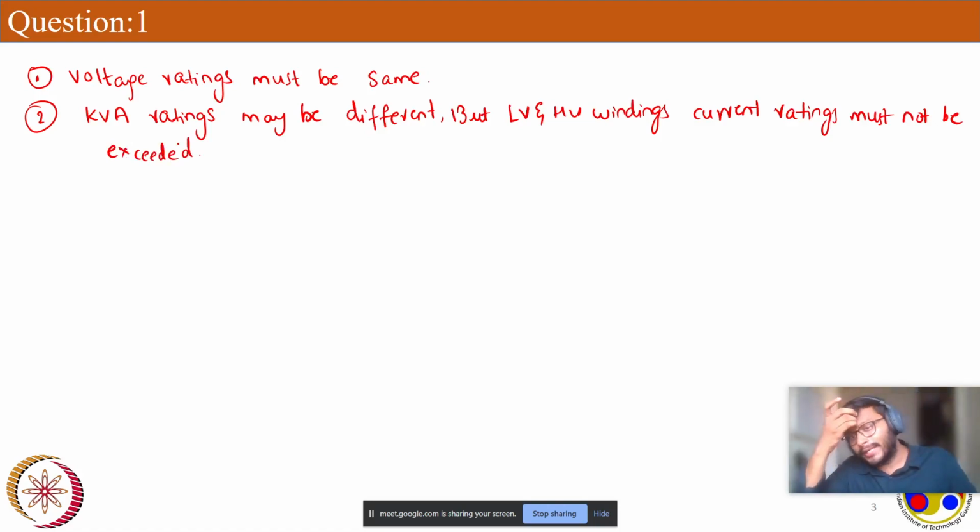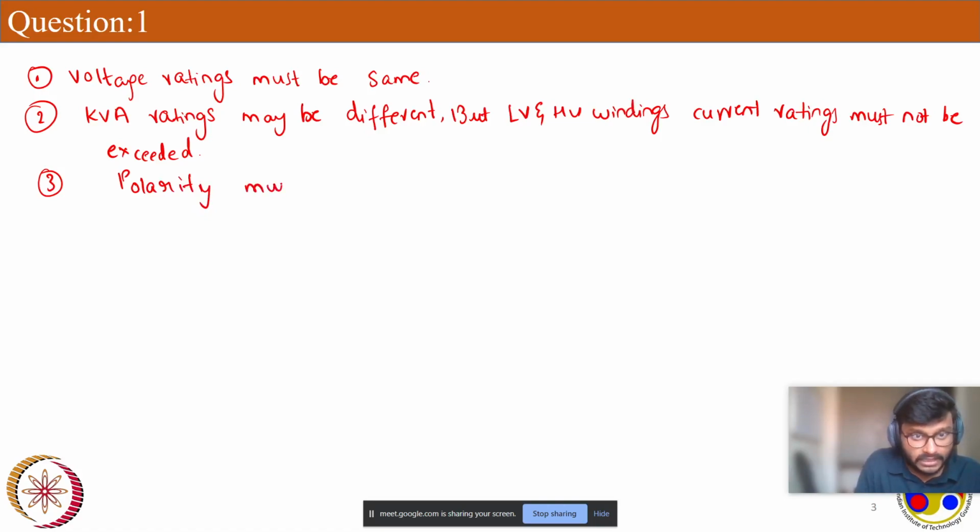This particular condition says that we should not overload our transformer windings. Yeah, we can connect any kVA transformers in parallel, but we should make sure that the current ratings are not being exceeded. Now the third condition and a very important condition is polarities.